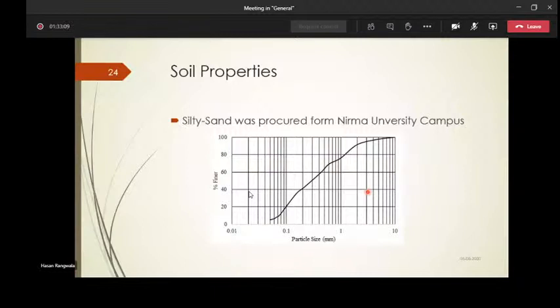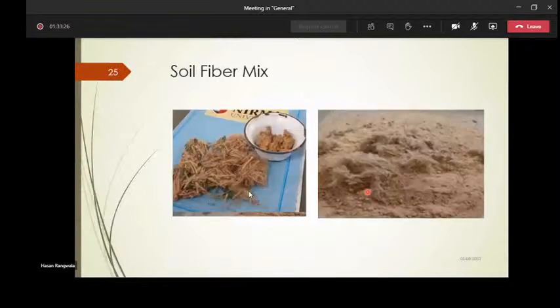Okay. So first and foremost is the raw material. Silty sand was procured from the university campus itself, and this is the soil fiber mix.